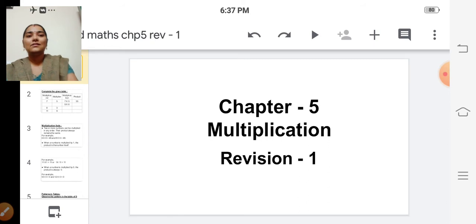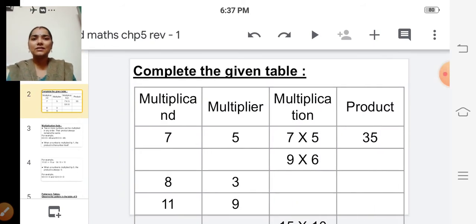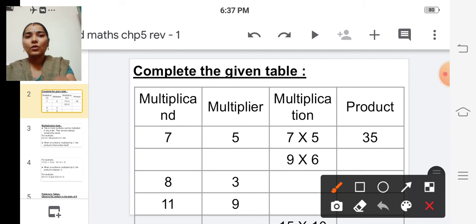Yes. So multiplication is nothing but repeated addition of similar groups of things. Okay, and what is multiplicand? The number to be multiplied is called multiplicand. And what is multiplier?